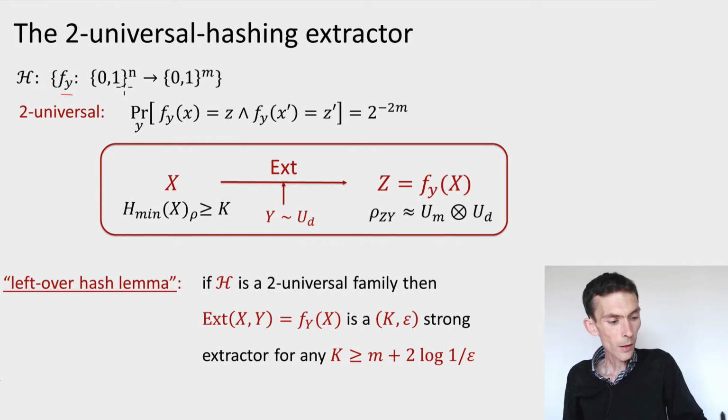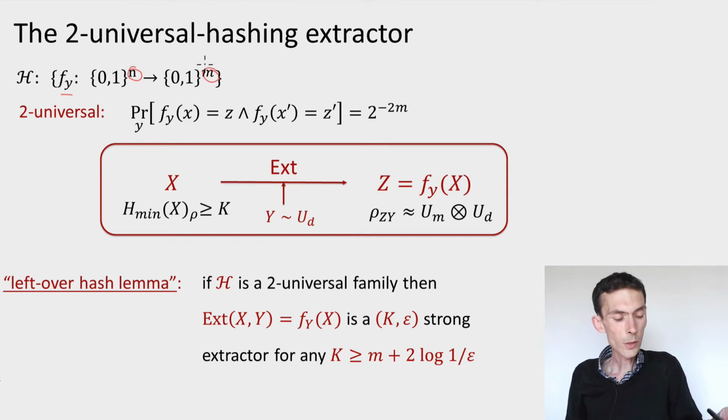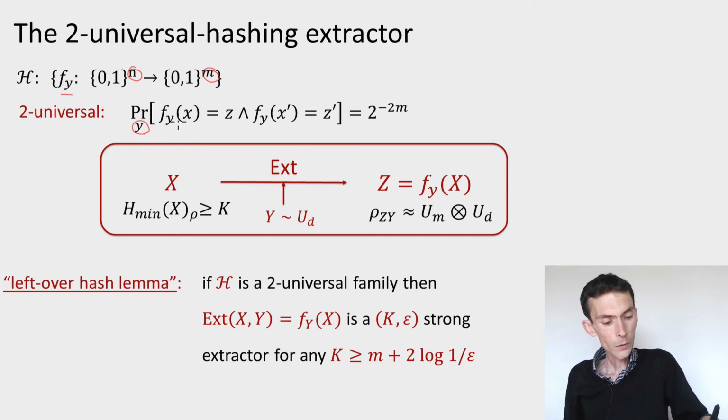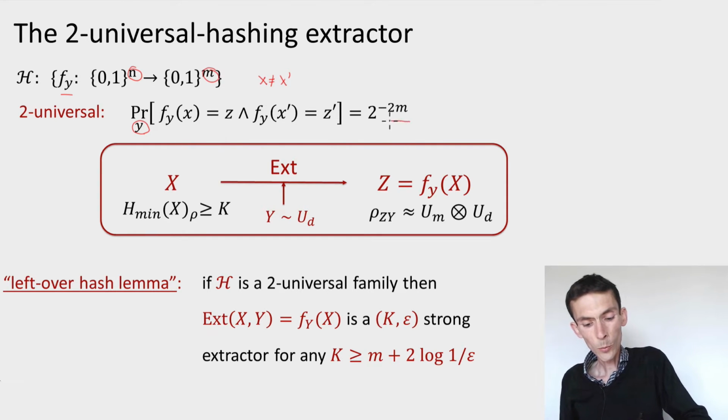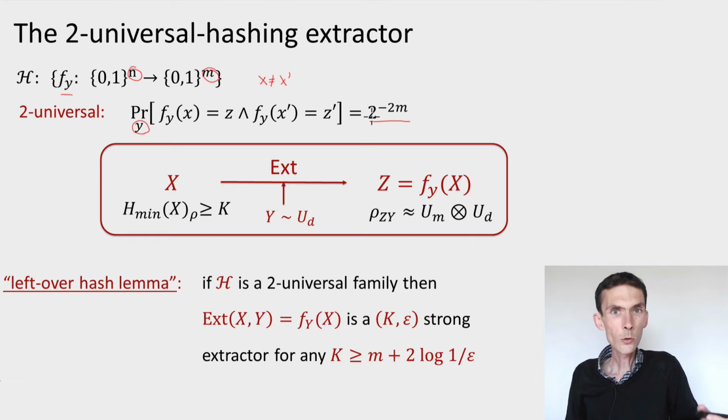These are functions that map n bits down to m bits, and the two universal condition is that when I choose a function at random from my family, then for any two x different from x prime and any two z and z prime, the probability that the function maps x to z and x prime to z prime is exactly the probability that any two completely uniformly random elements would happen to match z and z prime, which is 2 to the minus 2m, the square of the range of the functions.